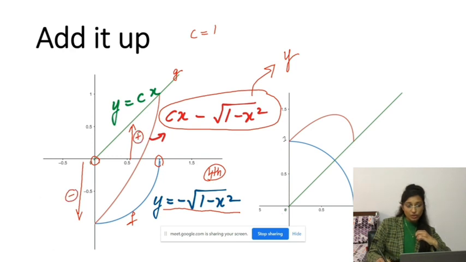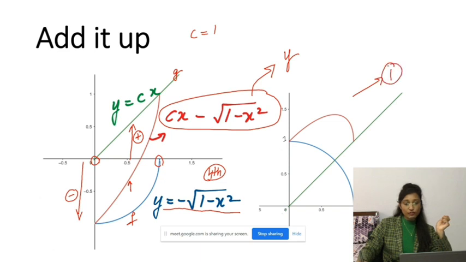So by adding, the red line has gone a bit upwards from the quarter circle. Now, this was the first part which we formed and this was our second. We will combine them, that is, we will plot them together.